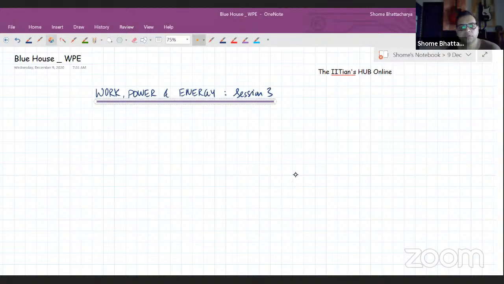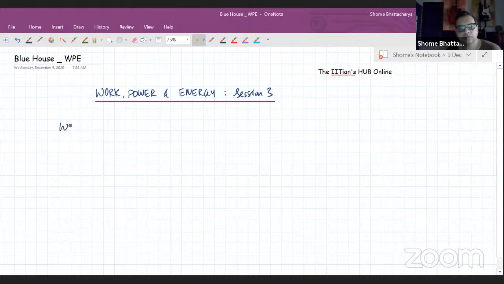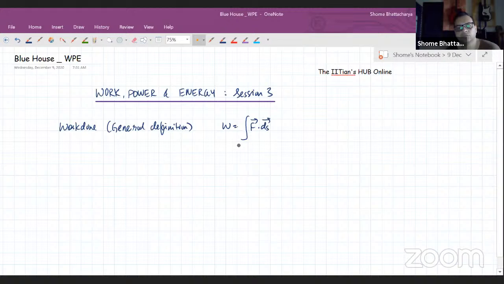Okay, so the important couple of things that we saw in the last lecture. One was the work done by a variable force, or the general definition of work done. That is integration of force over path, F dot ds, from initial to final.